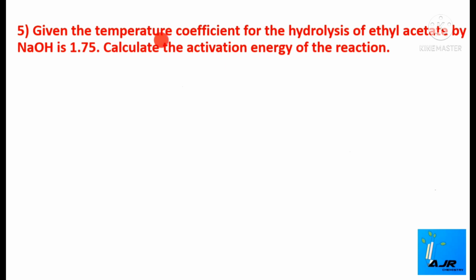The temperature coefficient of a reaction is defined as the ratio of the rate constants at two temperatures differing by 10 degrees centigrade. If you take the ratio between those two rate constants, that is the temperature coefficient.